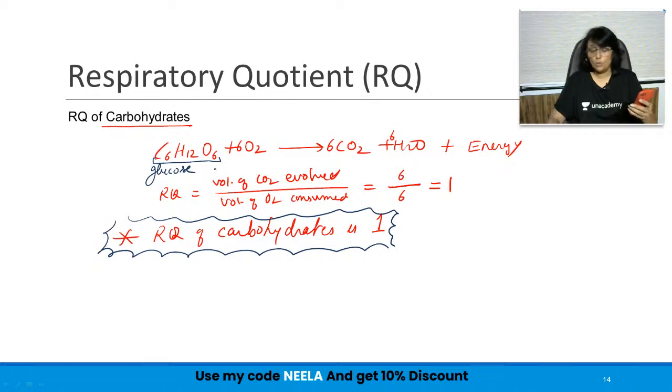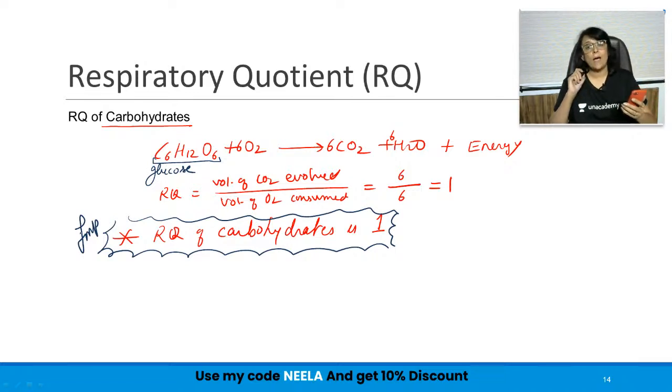This is RQ of carbohydrate, and this is standard. All other questions which will be asked to us, we will be answering using this statement. So whenever there is a carbohydrate, RQ is going to be 1.